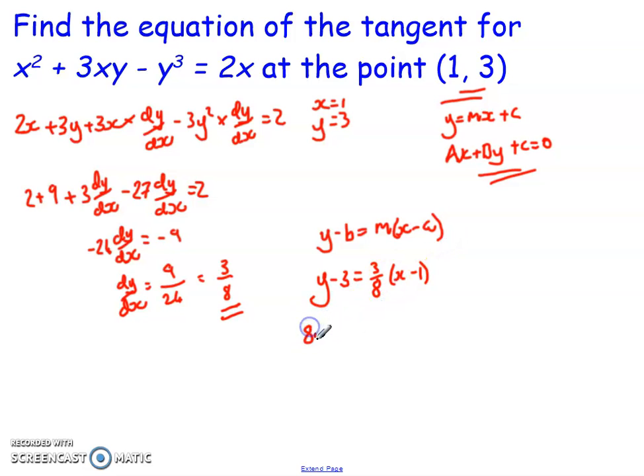So what I end up getting is 8y take away 3 times 8, which is 24, equals, multiply out this bracket by 3, 3x take away 3. Stick it all on the left hand side, and what I end up getting is 8y minus 3x minus 21 equals 0. So that there is the equation of the tangent for that curve at the point 1, 3.